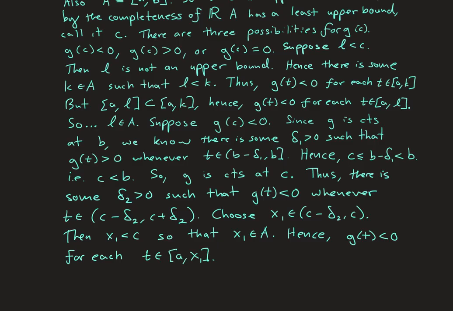All right, that's important. Now choose an x sub 2 on the other side of this delta bubble here. So I just grabbed a number on the left side. I'm going to grab one from the right side now.